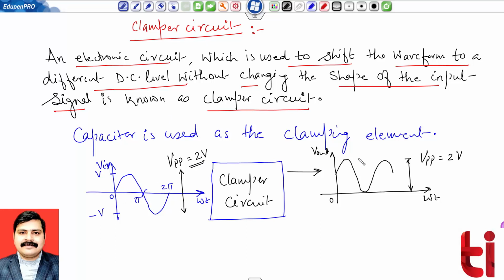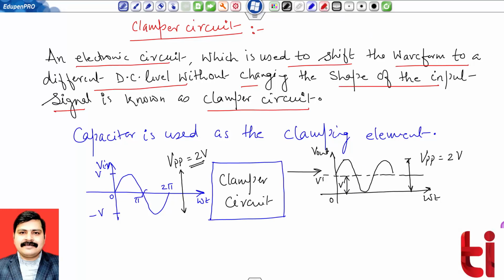But you can see that my input signal was at zero reference level, whereas over here it is shifted to some level V dash. This level V dash is a DC level shifting of my signal.